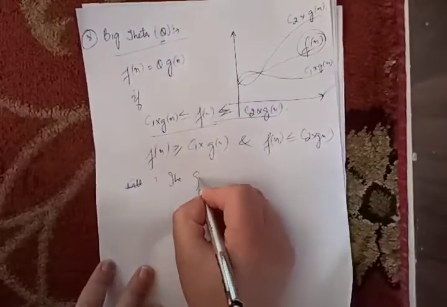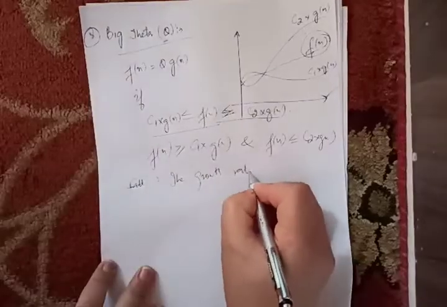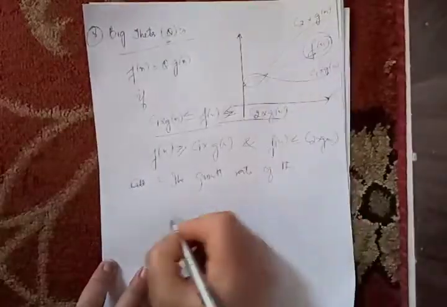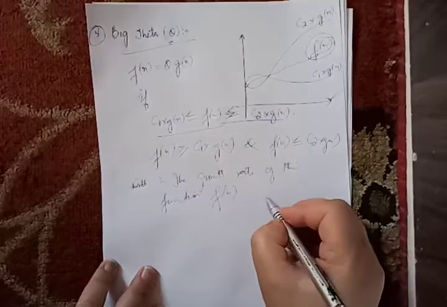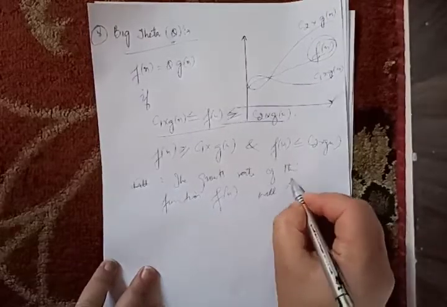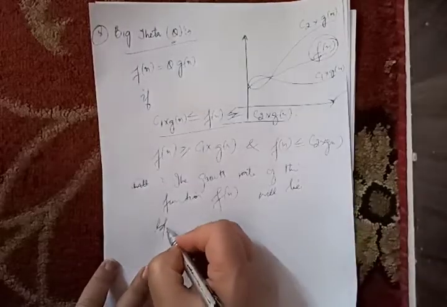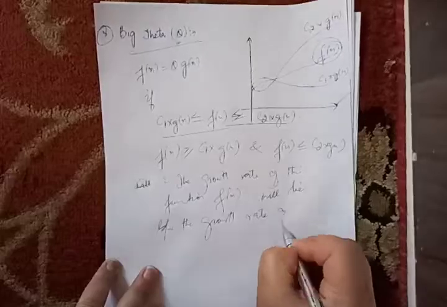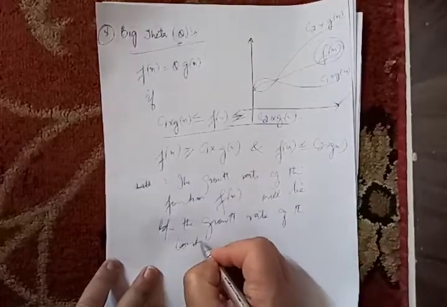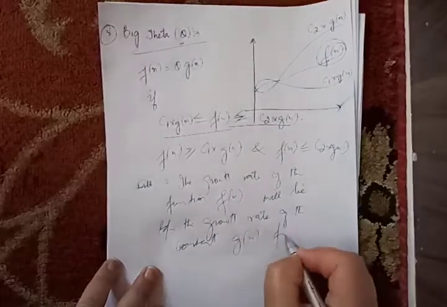therefore we can say the growth rate of the function f of n will lie between the growth rate of the constant g of n function.